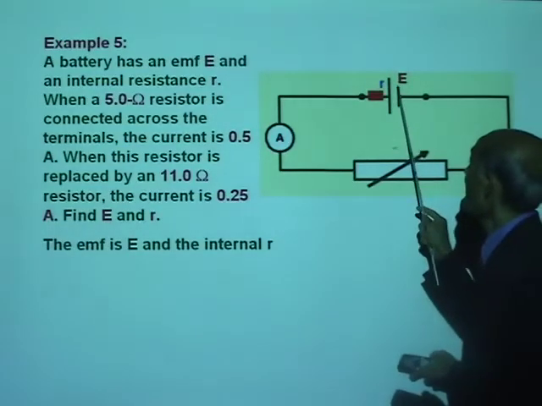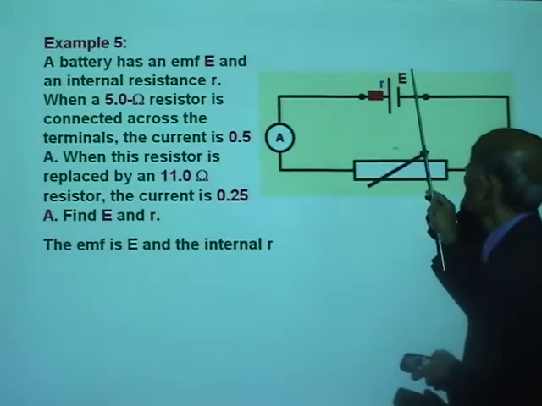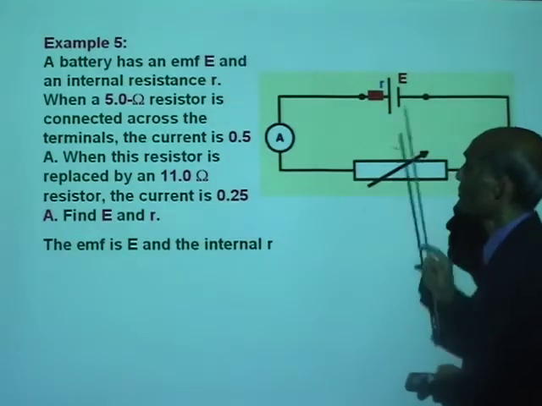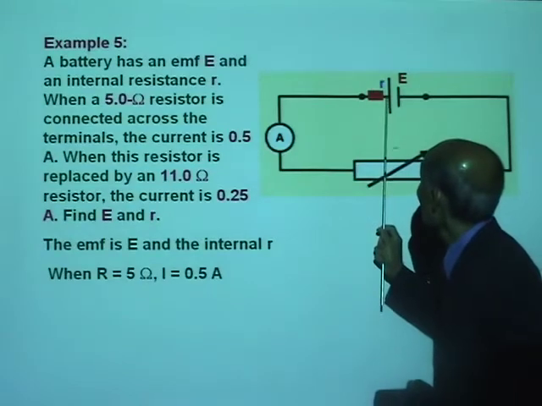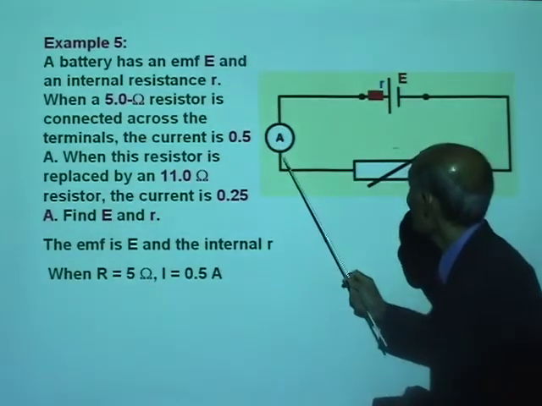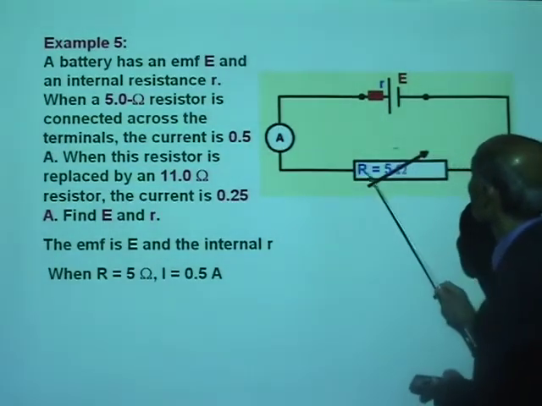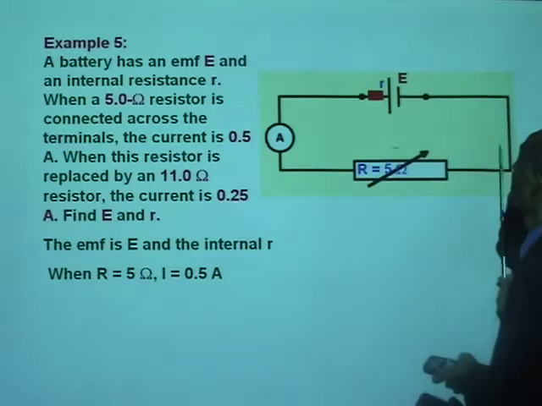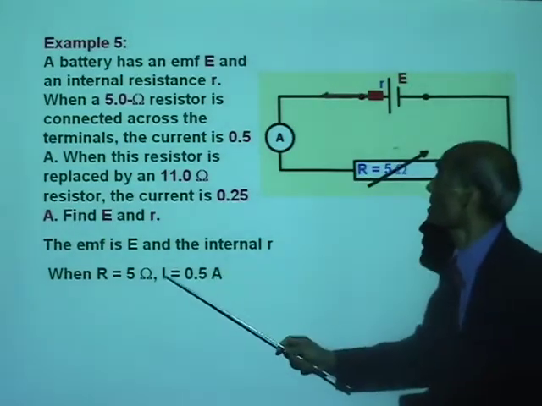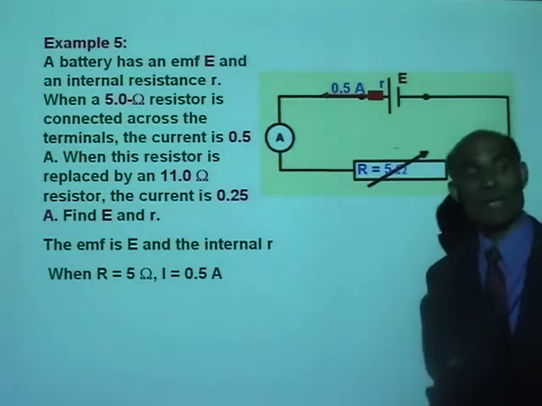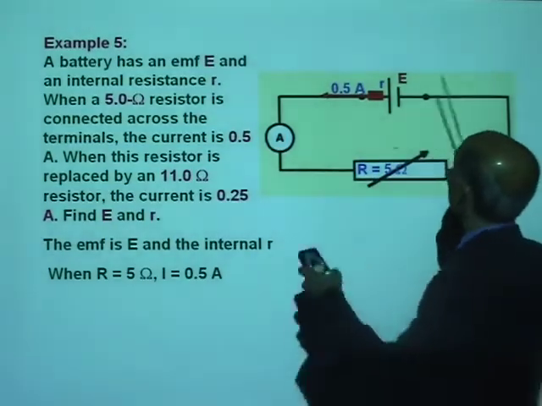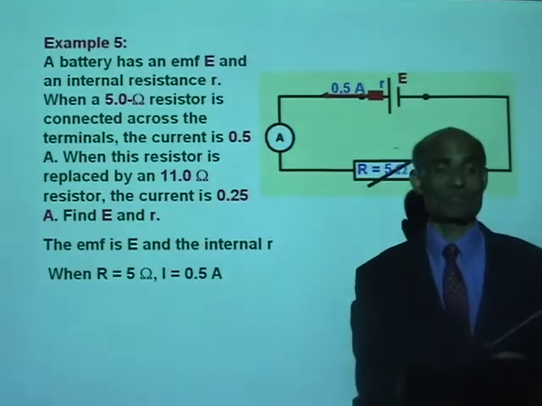So we have a battery of EMF E and internal resistance R, connected across an external resistance of 5 ohm. And what is the current? The current is 0.5 ampere. Okay. Can you write an equation connecting all this?